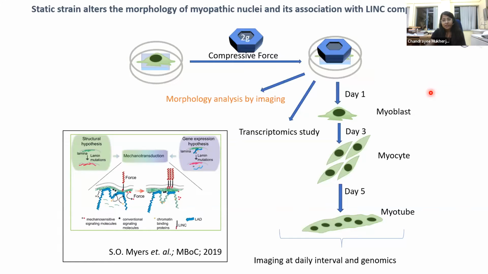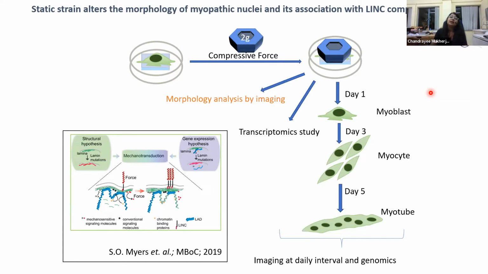So I wanted to see now that in the laminopathic cells, when the nucleus is compromised because of the lamin mutations, how these other molecules in the pathway of mechanotransduction react to this compressive force. So we conducted a very simplistic experiment to that extent.